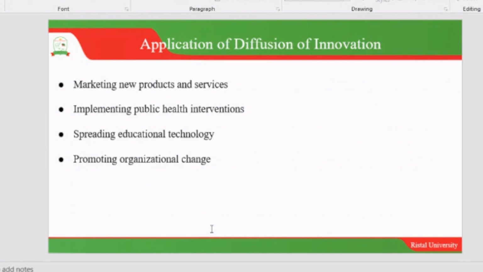Then it also helps to implement public health interventions. In public health, any intervention that we want to put in place has to be informed by those social systems that we talked about. The aspects of norms, beliefs, knowledge, practices that are prevalent in that society should always be looked at. Okay.